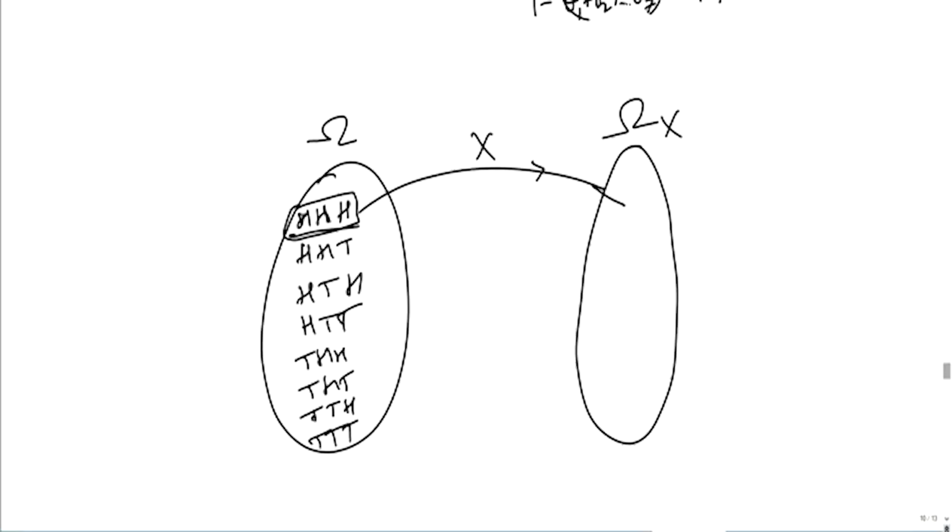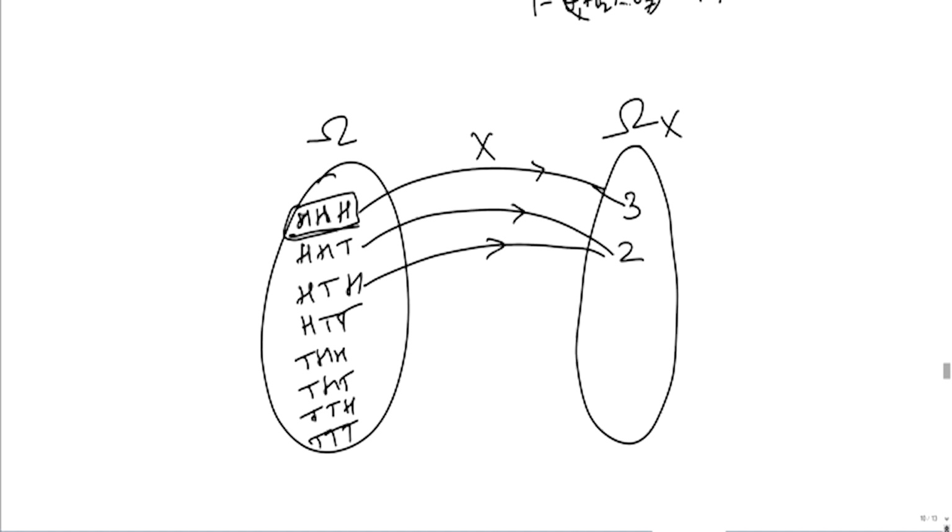So, how many heads does HHH have? 3. So this function will give you an output 3. Then it takes HHT and it would give you an output 2 because there are 2 heads. Basically, it is counting the number of heads in each outcome of your experiment. HTH, 2 heads.